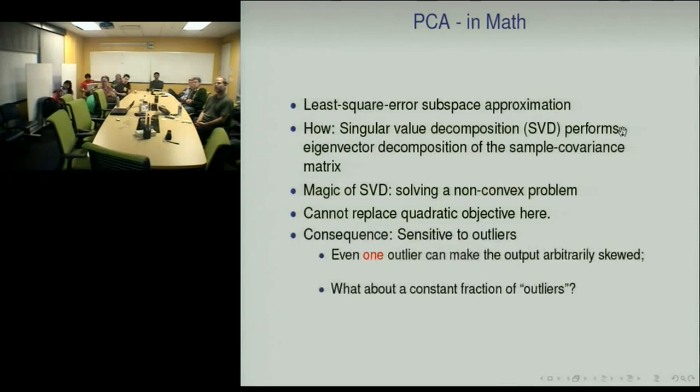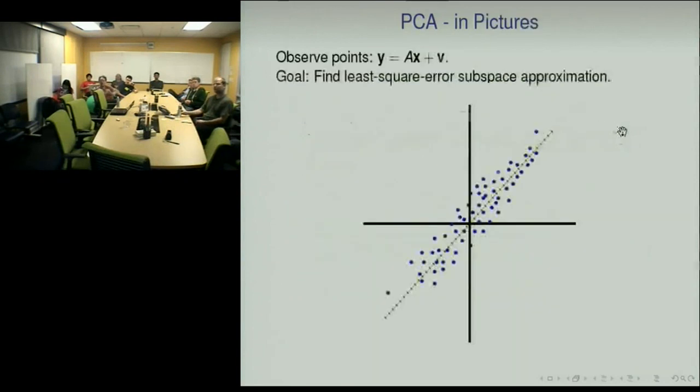So this is a very well-known result that even one outlier can make the output arbitrarily skewed. I imagine that in the example before, if you have one sample here, then that would change everything completely.